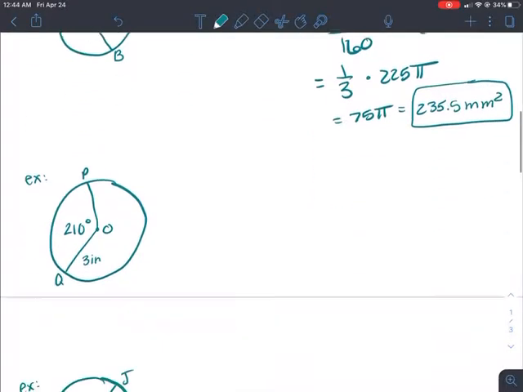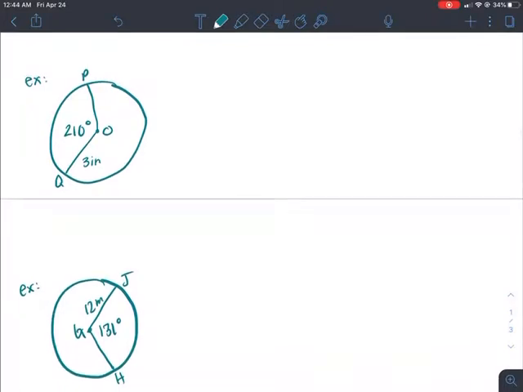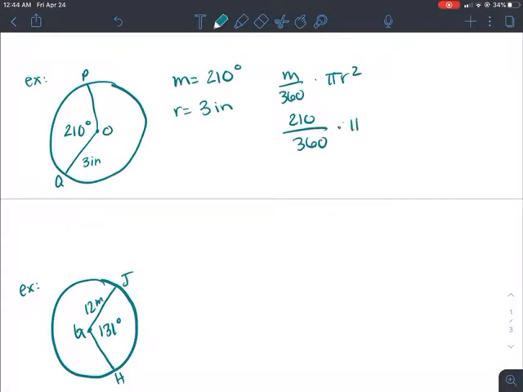So we're going to do another example. Here we have M is equal to 210 degrees, and radius is equal to 3 inches. So we do M over 360 times pi r squared: 210 over 360 times pi 3 squared.